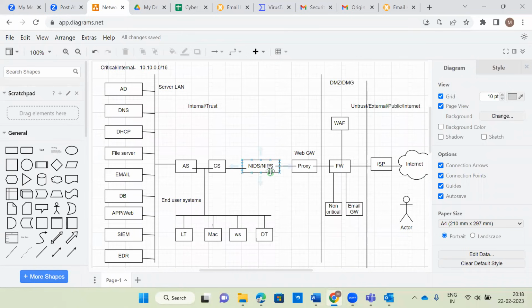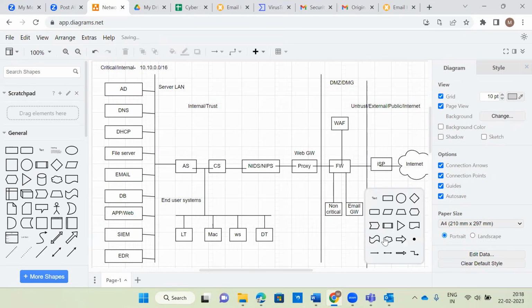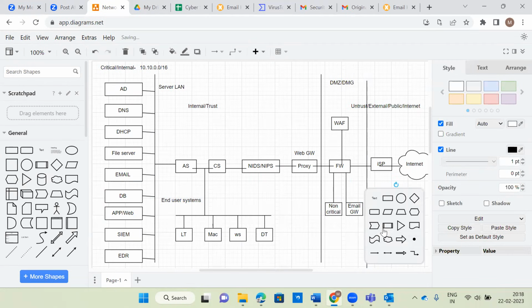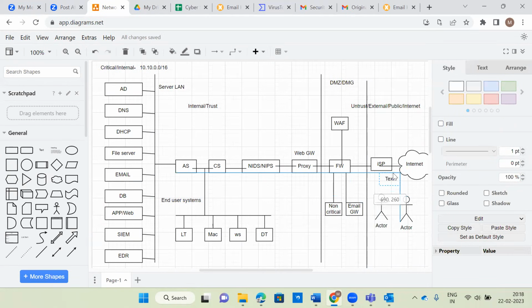Inbound traffic. Example, this particular network architecture diagram belongs to Infosys company. Now, you are a student and you want to apply for one of the vacancies in Infosys.